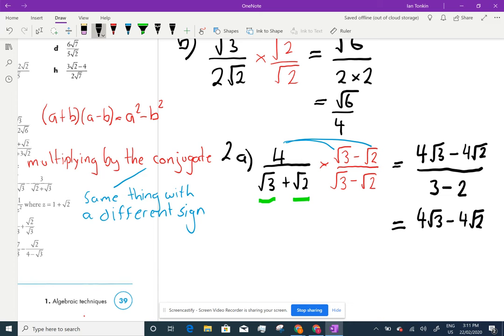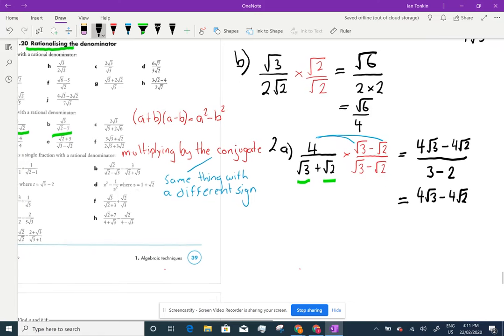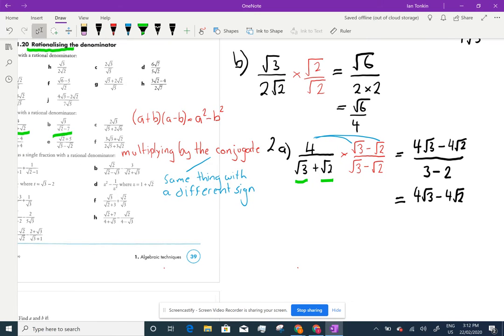Now, let's have a look at b, because it's a minus. And we've got a surd on top, but we don't even look at the surd. So b, what have we got? Root 3. We don't even look at the numerator, I mean. And root 2 minus 7. And you think to yourself, it's a whole number. I don't have to worry about it. I just multiply by root 2.